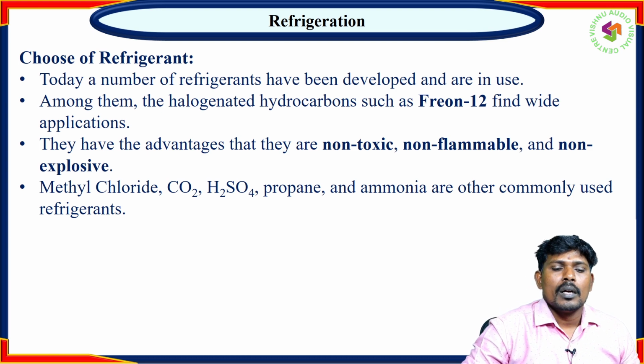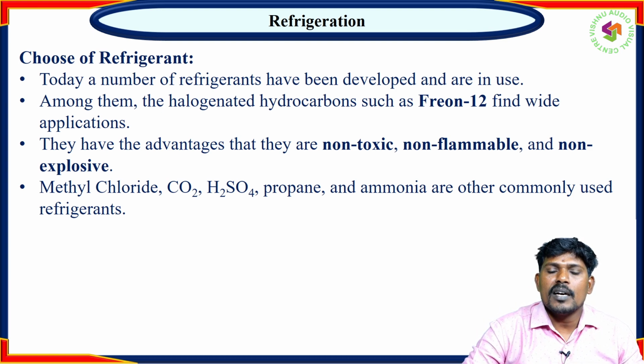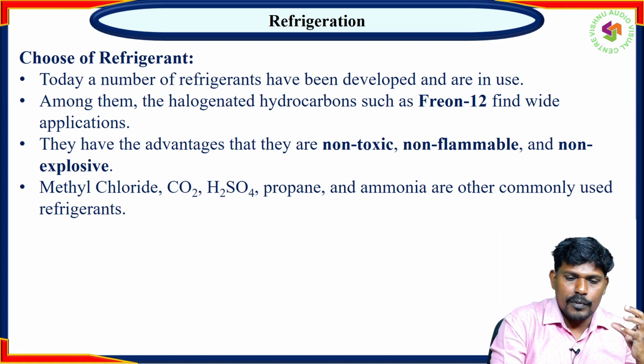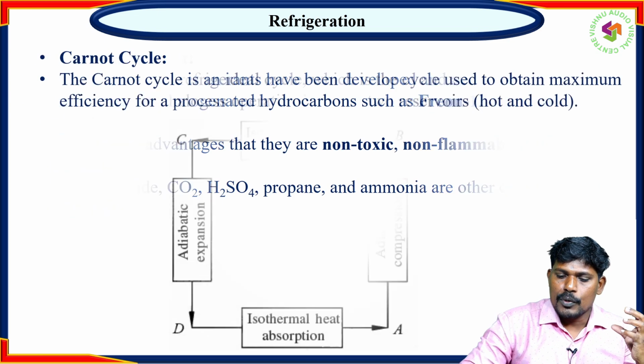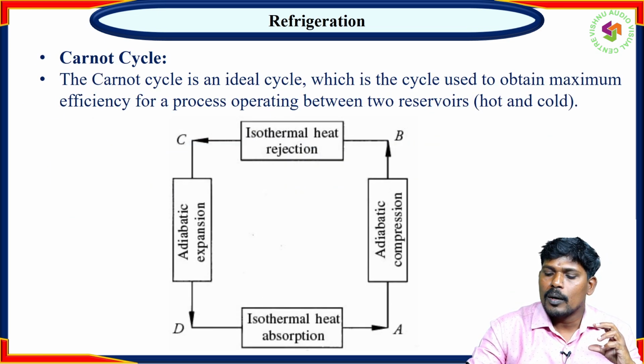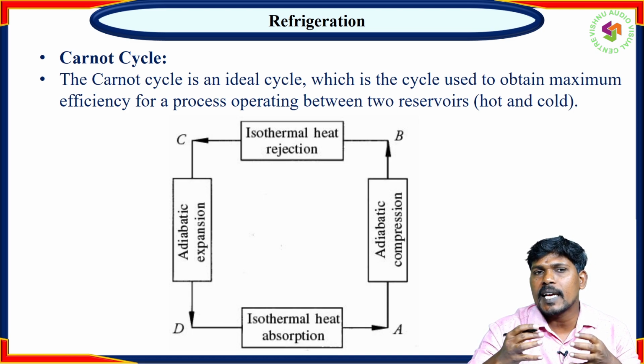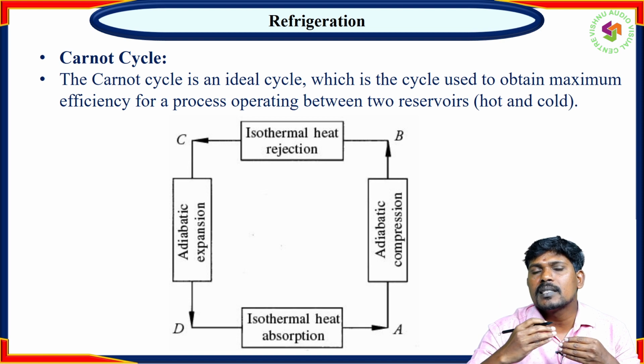Next, choice of refrigerant. How to choose the refrigerant? First the refrigerant has to go through the adiabatic expansion. When it goes through adiabatic expansion, what is happening? Because of the expansion, pressure is reducing.